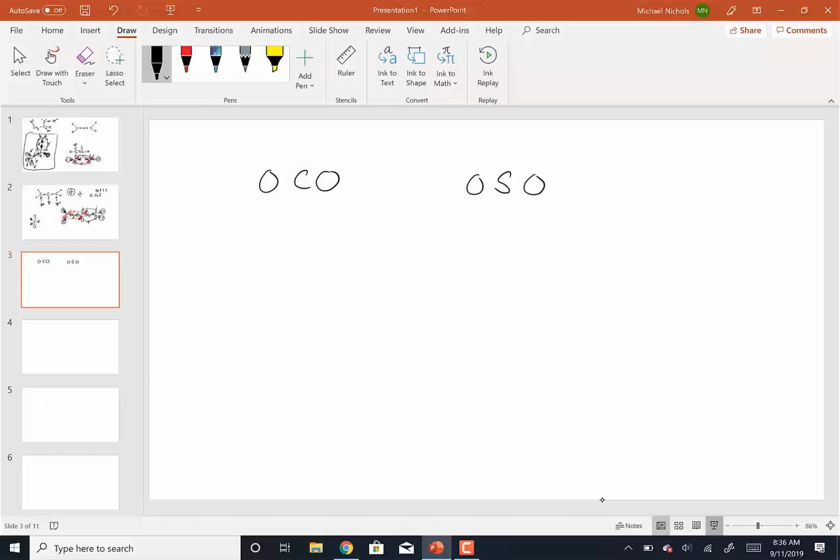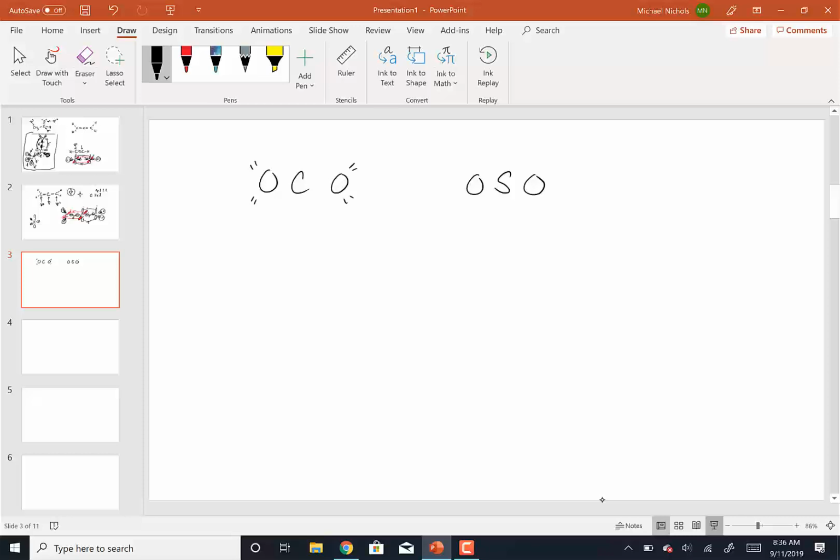Okay, so do we have Lewis dot structures for both of these? So for CO2, if I'm drawing the Lewis dot structure, what should I have? Oxygen has how many lone pairs? 2. The other oxygen has 2.